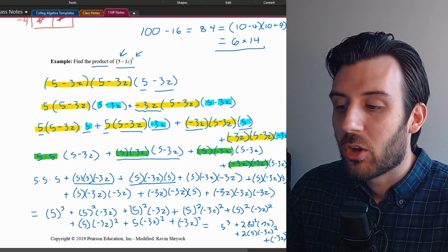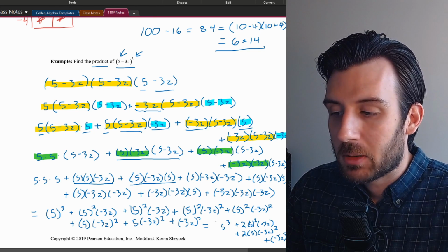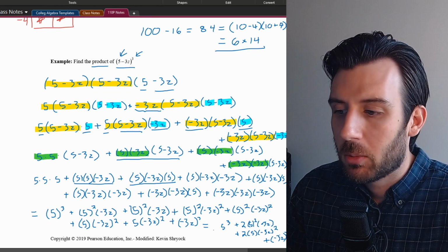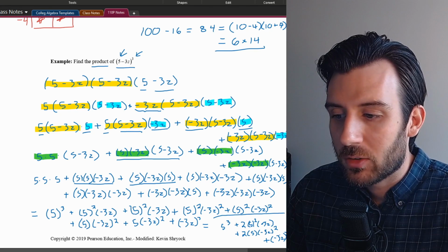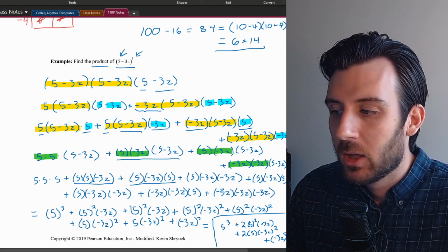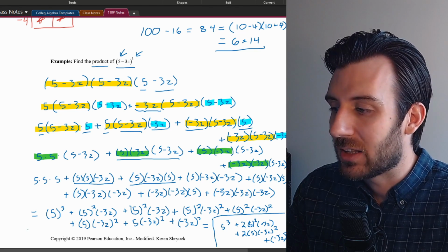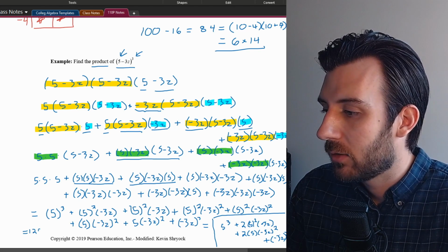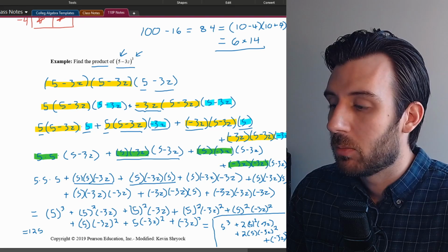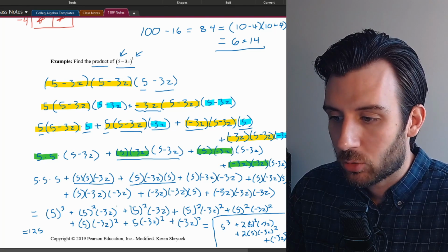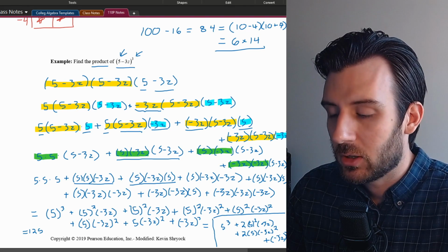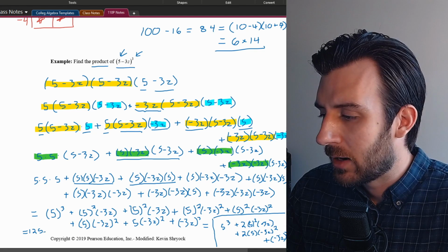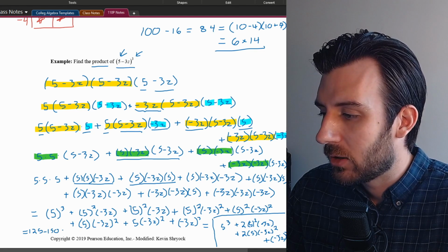Now, there's a really interesting pattern that's happening behind the scenes, and I would encourage you to take a moment to write this all out. If it was asking for it to be fully simplified, you could go to your calculator and actually get all numbers, right? So we could write this as 125, which would be 5 cubed. The next one would be 2 times 5 squared, that'd be 2 25s, that'd be 50, times negative 3z would be a negative 150z.